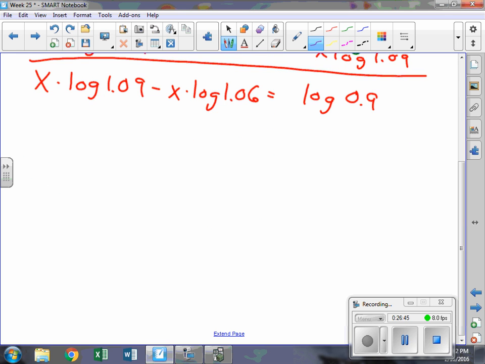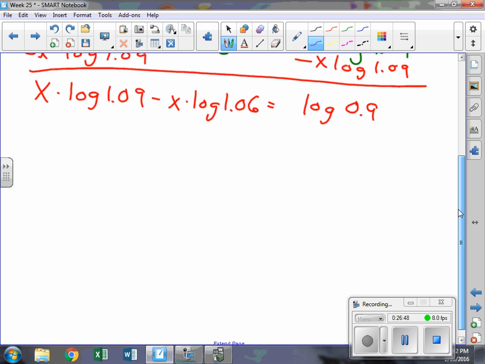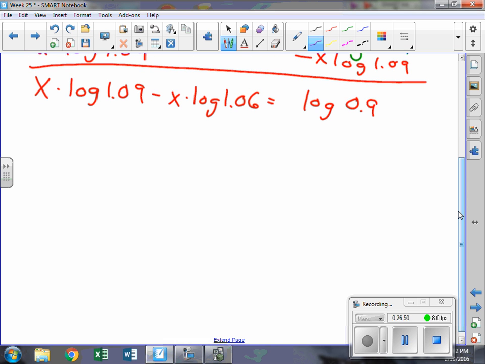To progress further, what can we do with this thing? You notice how they both have a factor of x? Take out the x. Factor out the x, leaving behind a pair of logarithms.